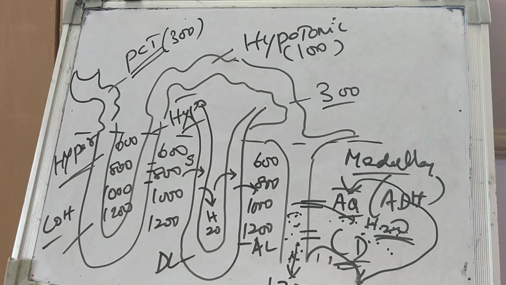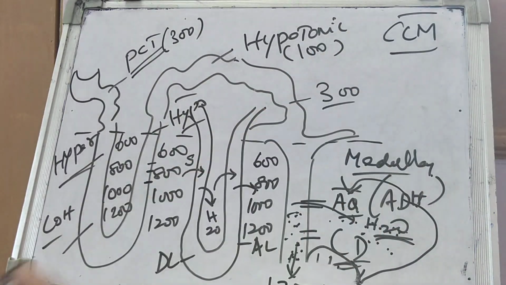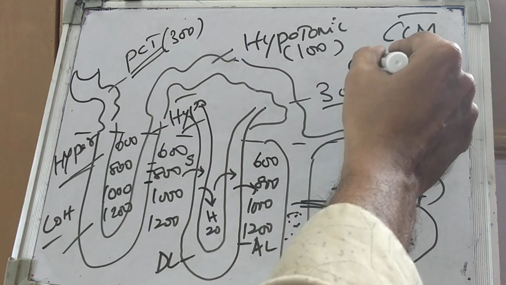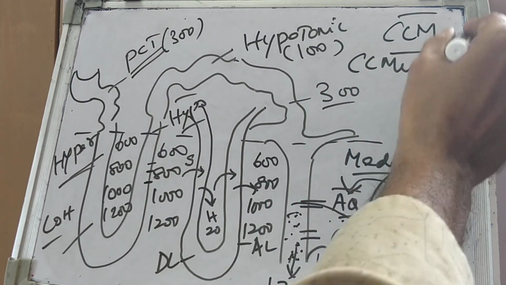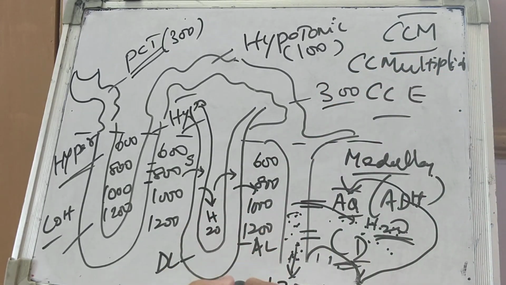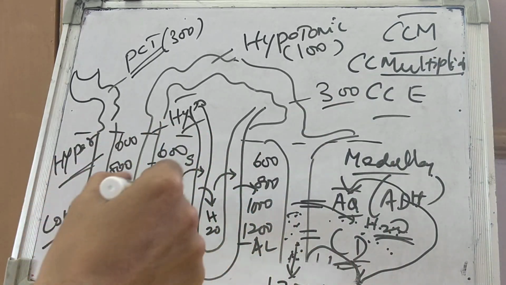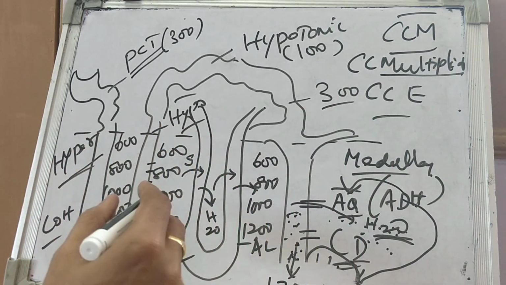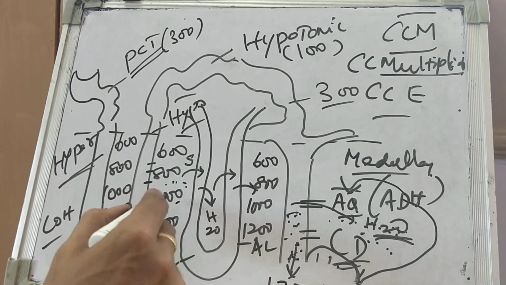So to sum up, the countercurrent mechanism consists of two mechanisms. One is the countercurrent multiplier, that is done by the Henle loop. The other one is the countercurrent exchanger, which is by the vasa recta. And the action of the multiplier is to multiply the concentration of the solutes so that the osmolarity of the medullary interstitium is increased.